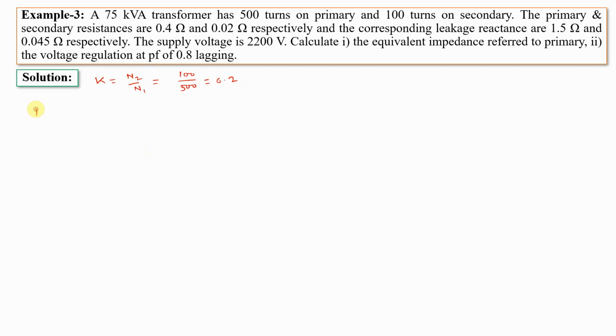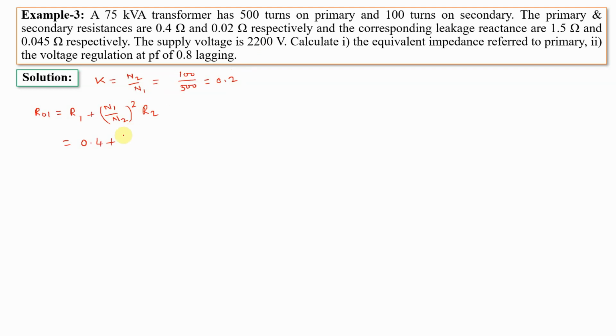Now the equivalent resistance of the transformer referred to primary, that we already know, should be R1 plus (N1 by N2) whole square into R2. Here the value of R1 is 0.4 plus N1 by N2, which means 1 upon 0.2, because K, the transformation ratio, is 0.2, that is N2 by N1.